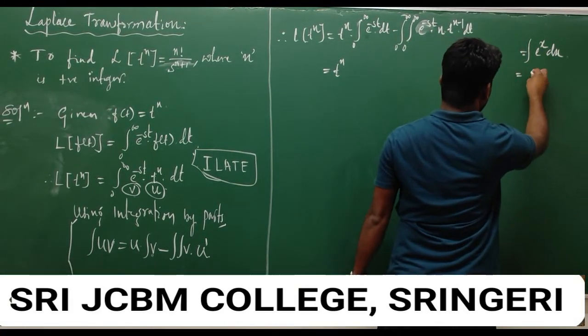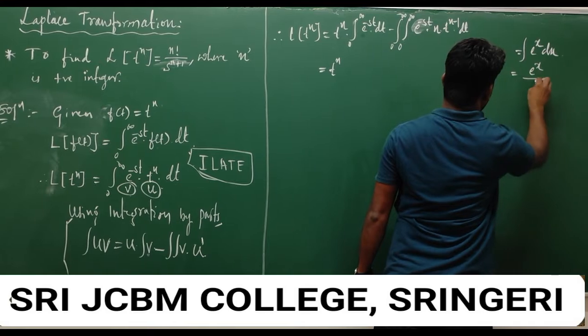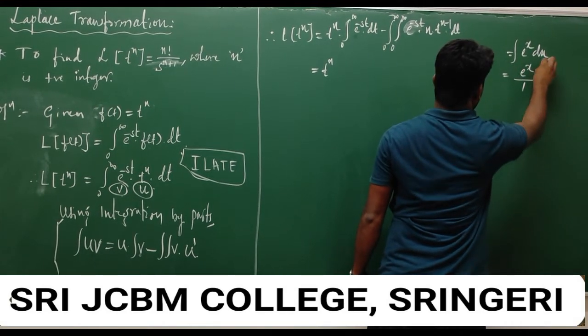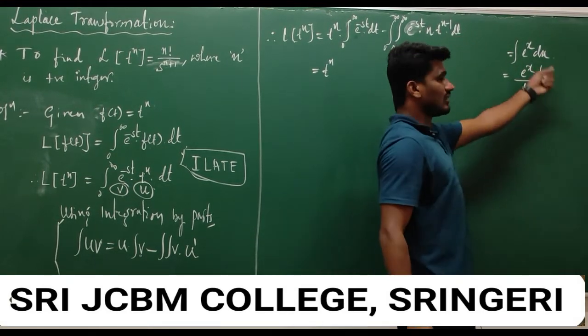This can be written as e to the power x, with coefficient of x being 1, and apply the limit values if there are any.